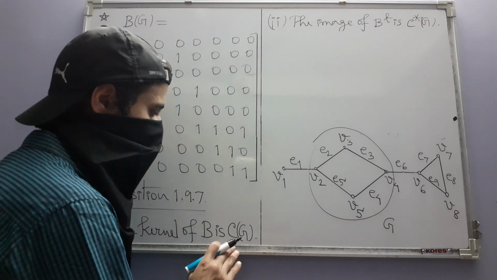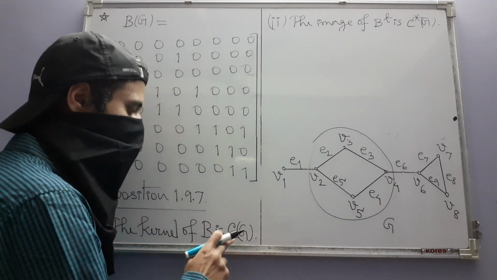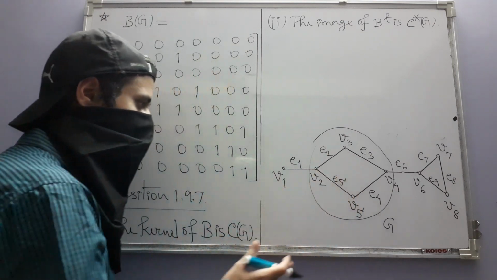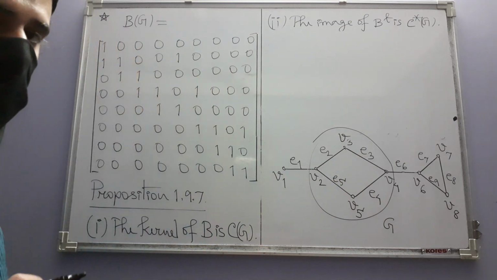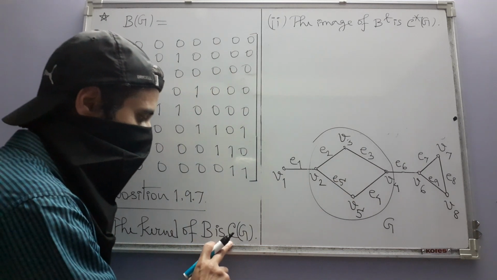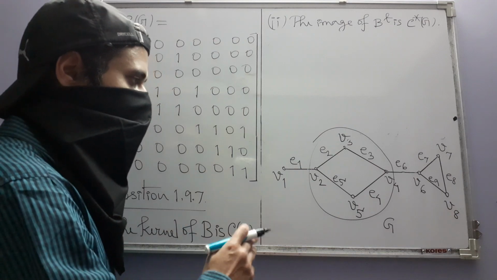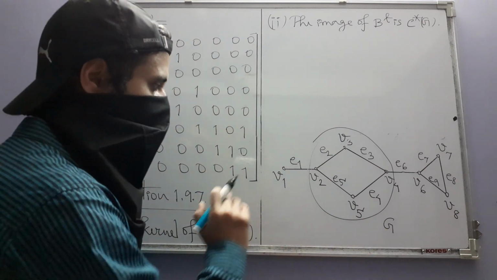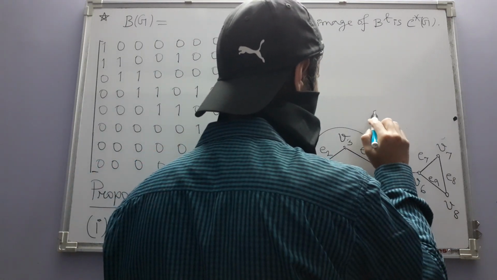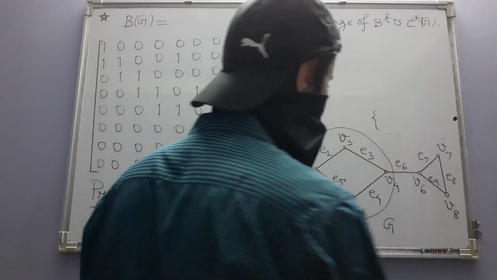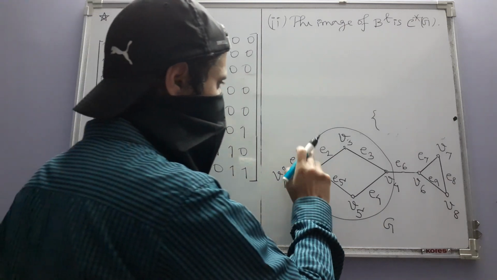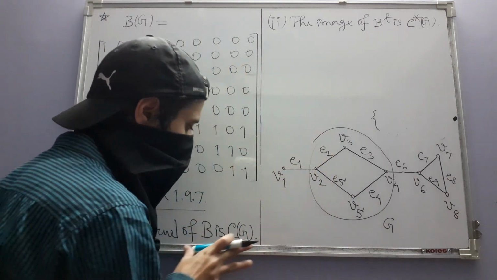But note that before you do any such thing, you have to express this cycle as a linear combination of what? Of the standard basis vectors in the edge space of G, where the elements are what? The elements are the singleton sets consisting of the edges. Now what is your vector here?